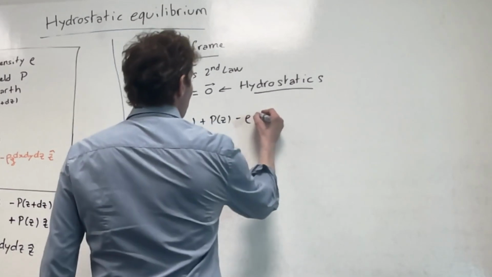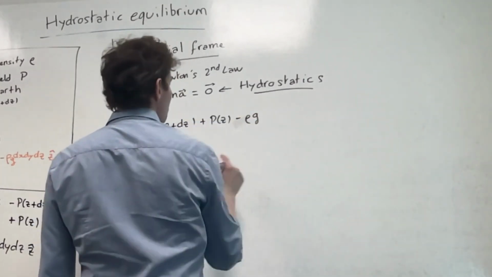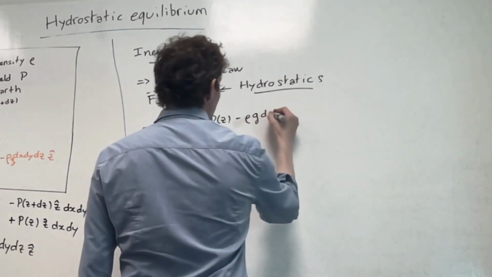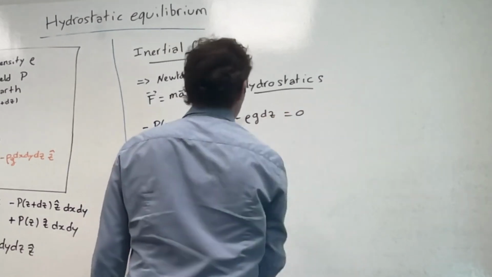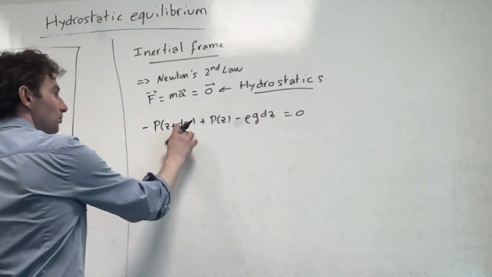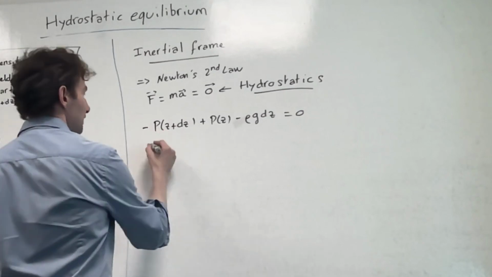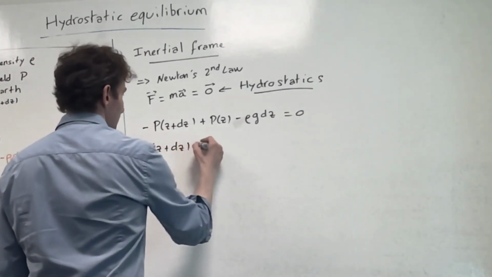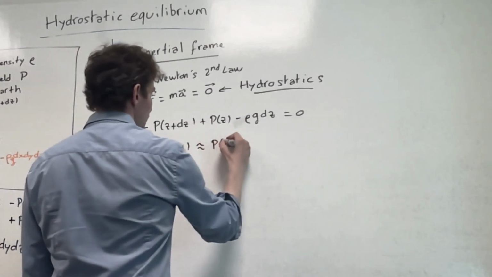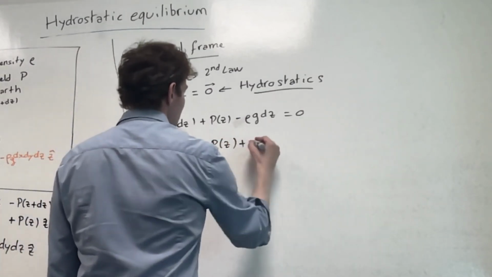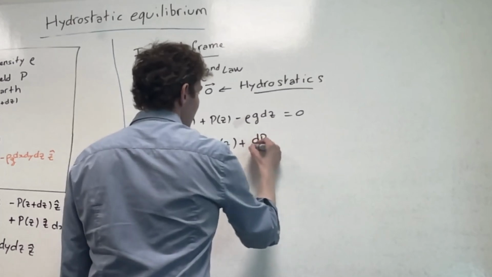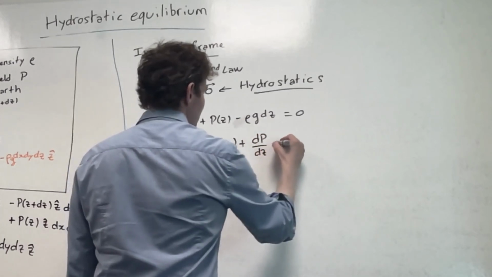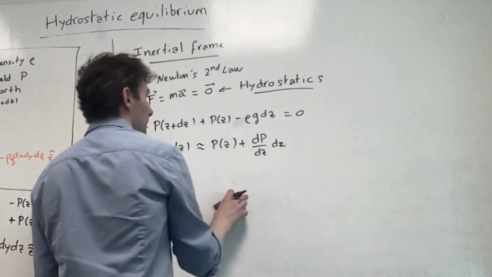And so here we are going to get plus P and minus rho g dz is equal to 0. So what I do when I'm here is that I say that P of z plus dz is approximately equal to P of z plus dP/dz times dz.